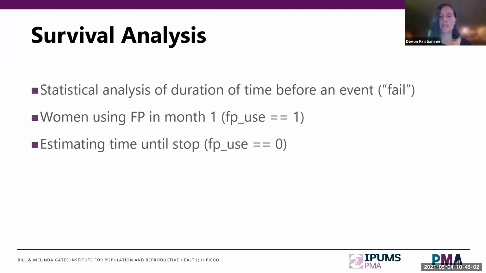So this involves the observations in the sample all starting with the same status. So in the graphs that Dana, Matt, and I have shared, we're starting with a sample of women who are using contraception in that first observed month. And then we follow them over time to see who is still using over time.